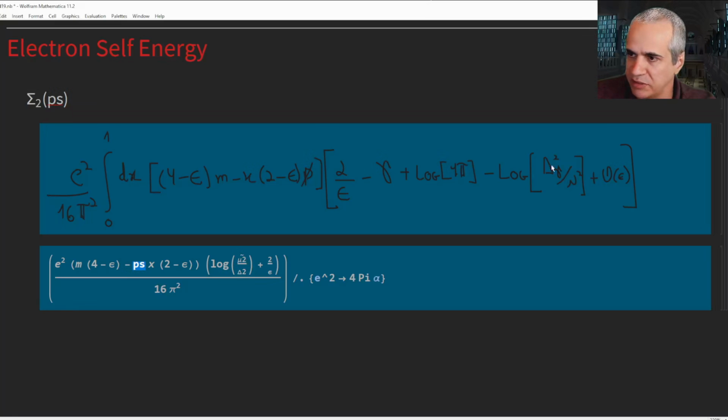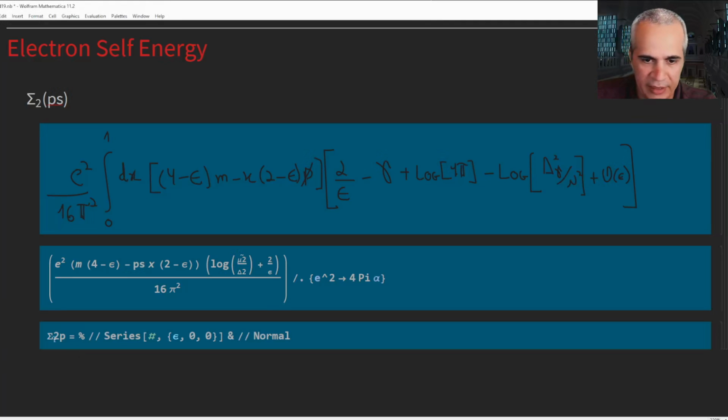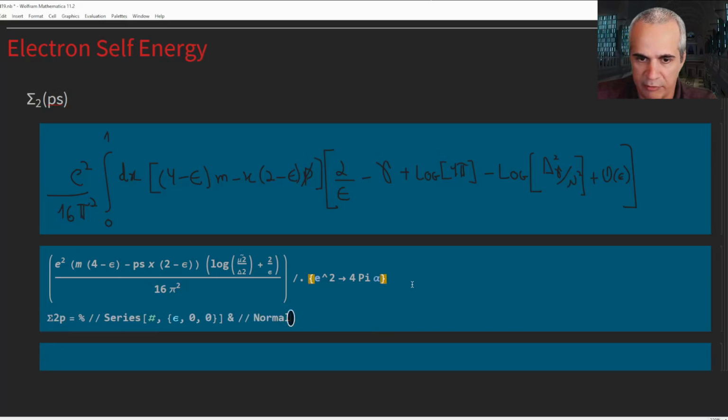Delta 2 here means delta gamma squared, and I'm exchanging e squared by 4 pi alpha. So now, just to make things clear, we can define sigma 2 of p slash as this expression right here. Let me put this here and run it.